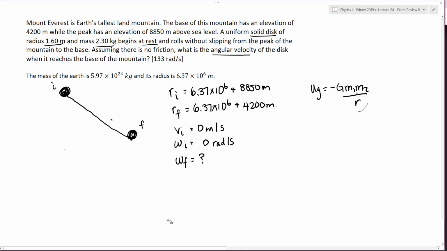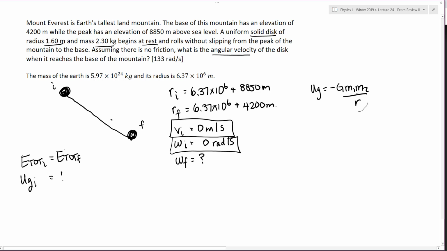So I'm going to say E total initial is equal to E total final. Initially, we have gravitational potential energy. We don't have kinetic energy because our V initial or our omega initial are 0.